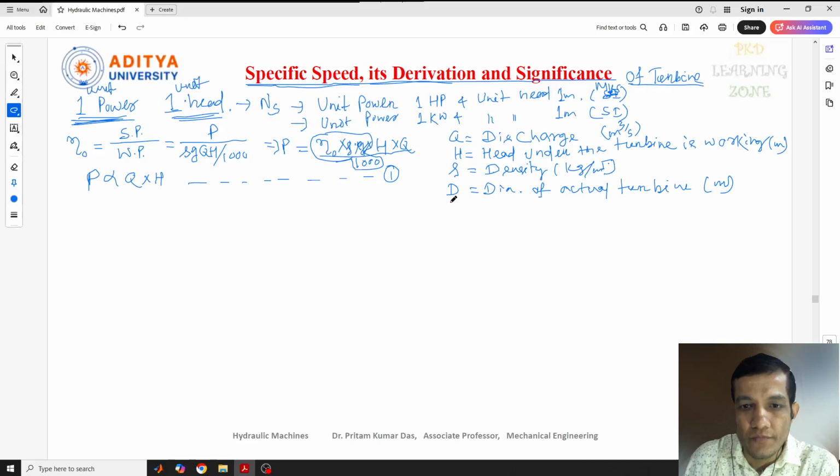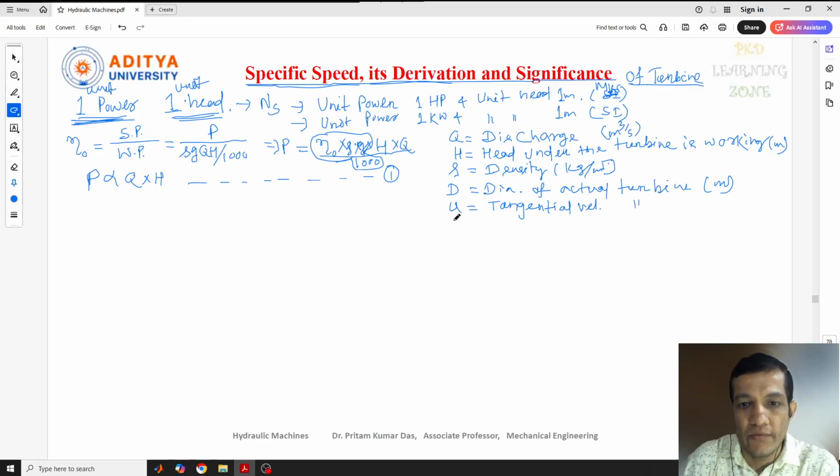And similarly, we need to consider some velocities like U, which is our tangential velocity. This is the tangential velocity of the turbine.